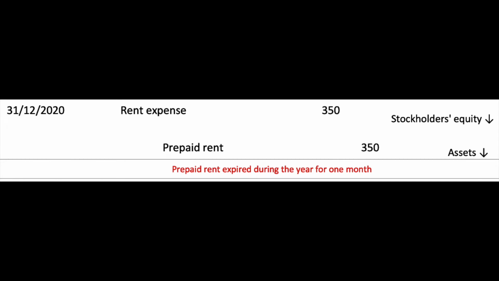The fourth adjusting transaction, prepaid rent expired during the year for 1 month. This transaction should be completed by recording $350 to rent expense as a debit and credit prepaid rent for the same amount.